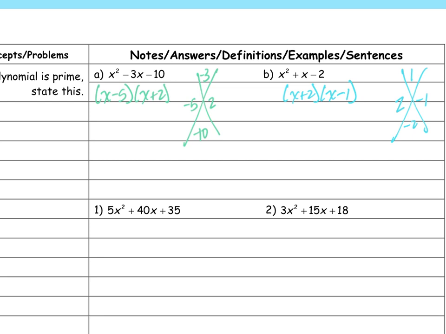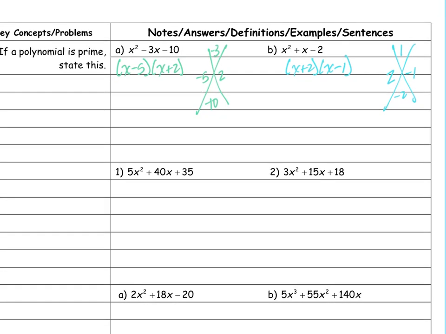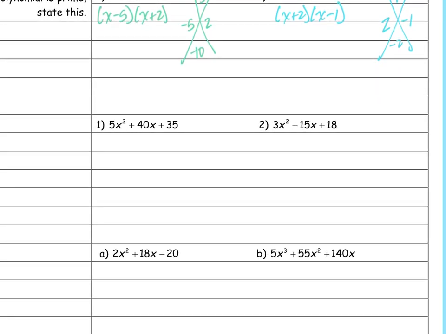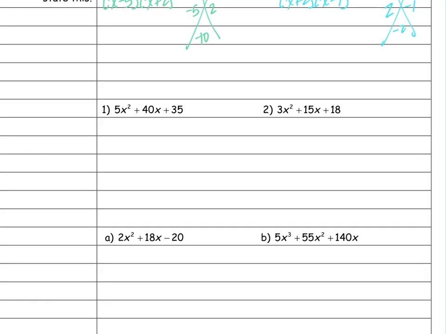Okay. So the next one, there is something with A in the next set. A in this case is 5. So the first thing I want to do, if there's a number with x squared, I want to see if I can factor that number out of the whole thing, if that number that's with A goes into all the rest of my terms.